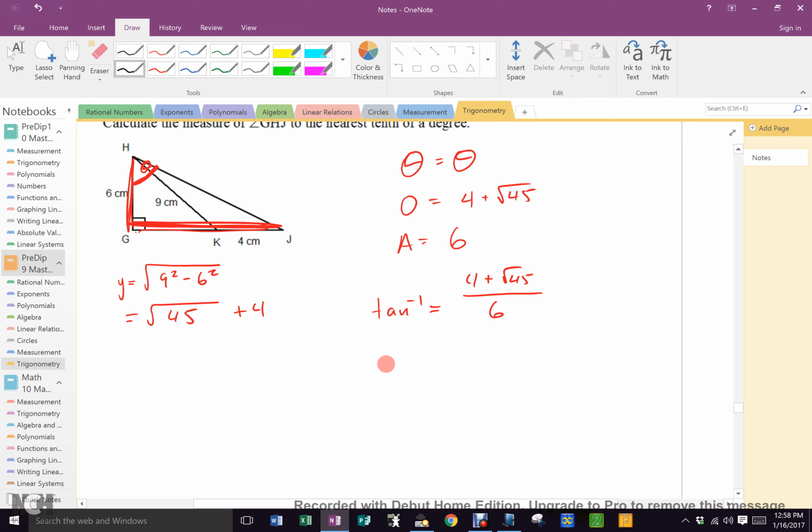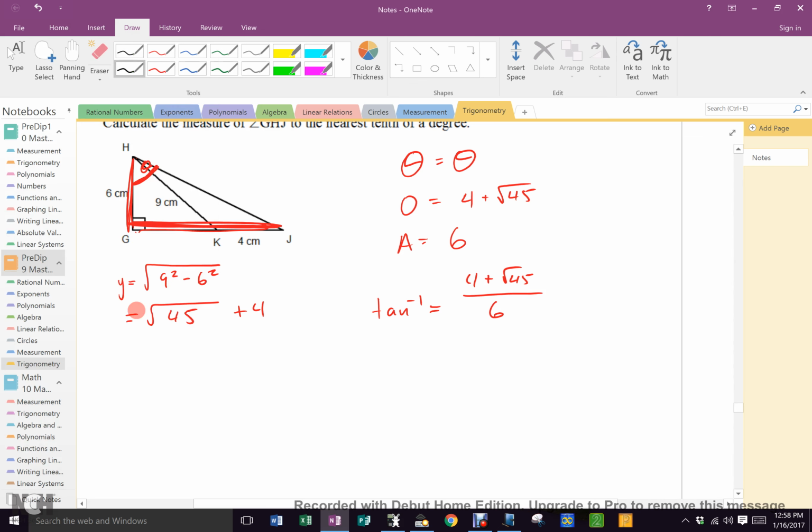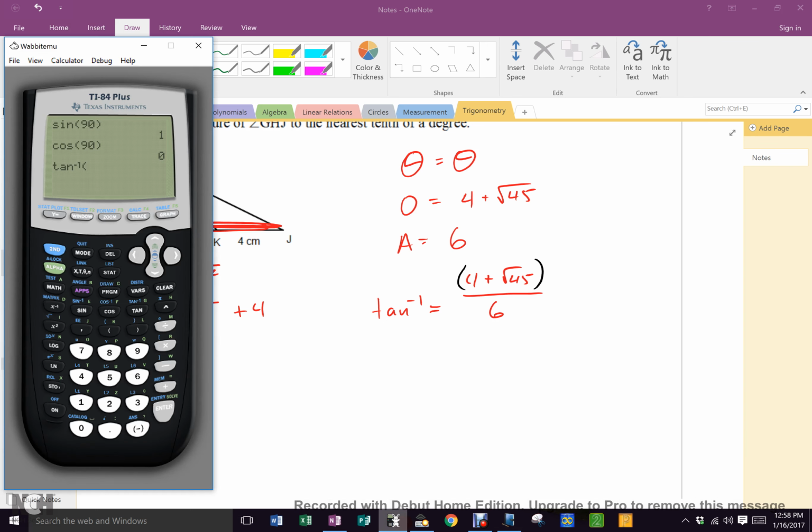Watch. First of all, I need shift tan right away, yes? Now, I need brackets there, don't I? So shift tan, I need some brackets. 4 plus, for me, root 45, close brackets, yes?